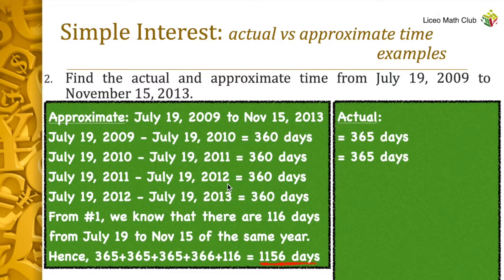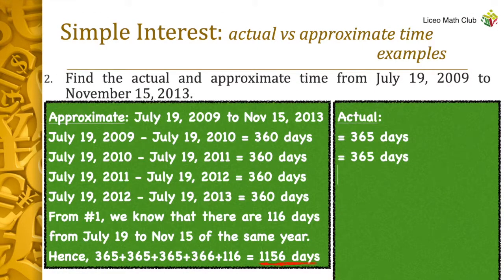Okay, so 4, 8, 12. So 2012 is a leap year, and February is found here within this July 19, 2011 to July 19, 2012. So therefore, instead of 365, it has 366 days because of the leap year. Okay, so that's 366.